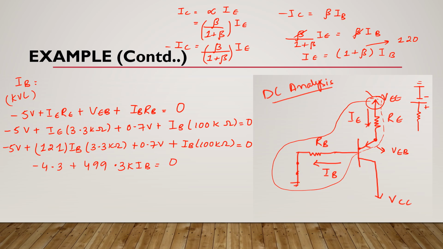It means IB is equal to 4.3 divided by 499.3 kilo ohms. Okay, this is volts, and after solving this you will get IB is equal to 0.0086 milliamperes.